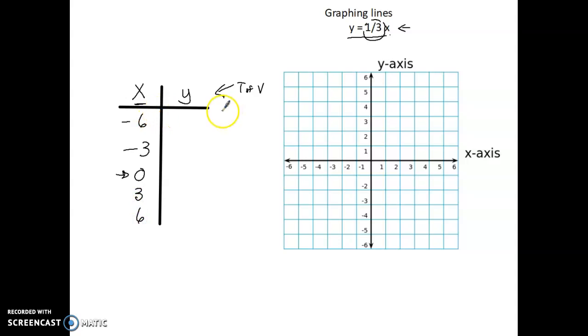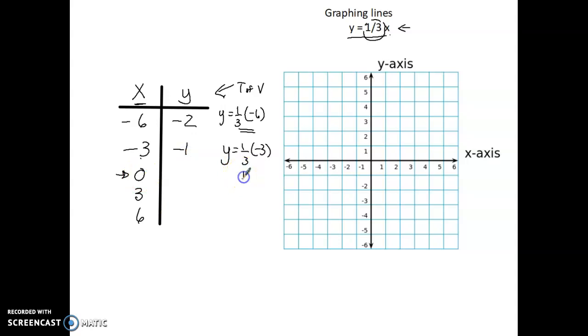So when I plug this in, I know that y is 1/3 of x. Well, if x is -6, then I can substitute this in, and I know that y is -2. When I'm finding 1/3 of my x value, and I picked -3, and I only picked this again because it makes my numbers easy, then y is -1.